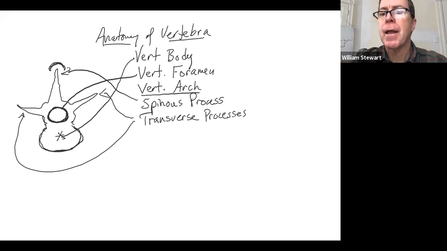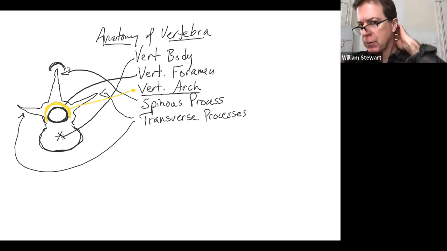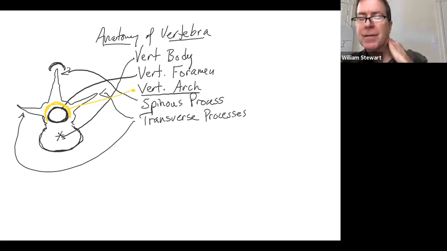I'll draw it in yellow just because the drawing's getting messy. This part of solid bone around that vertebral foramen, that's the vertebral arch that the spinous processes and transverse processes sort of emanate off of. That's the basic anatomy of a typical vertebrae.